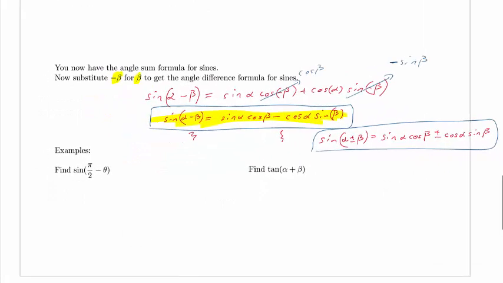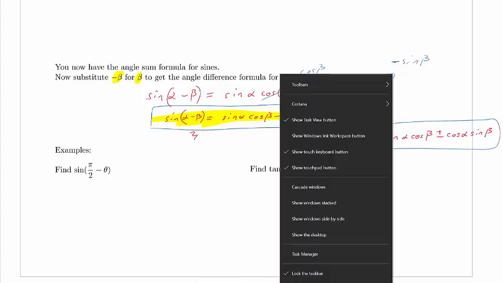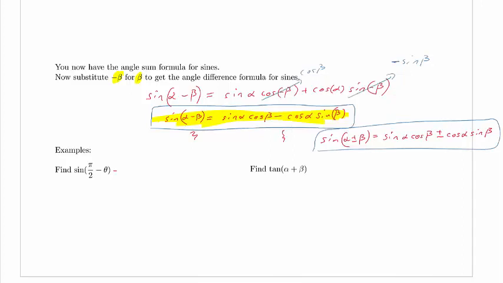All right, so let's go ahead and apply this to sine of pi over 2 minus theta. So note this becomes sine pi over 2 times cosine theta, and then minus cosine pi over 2 sine theta.